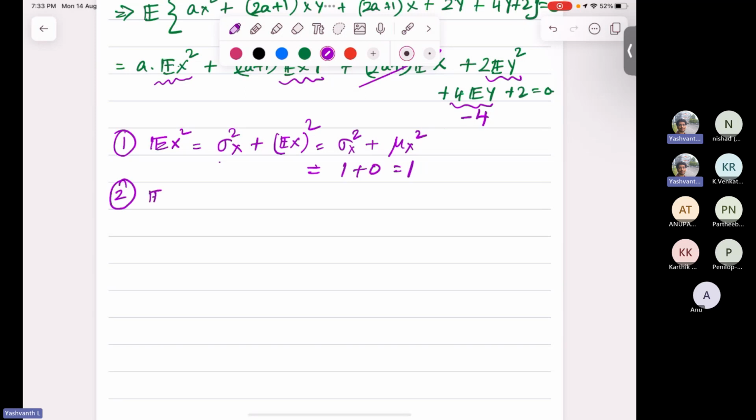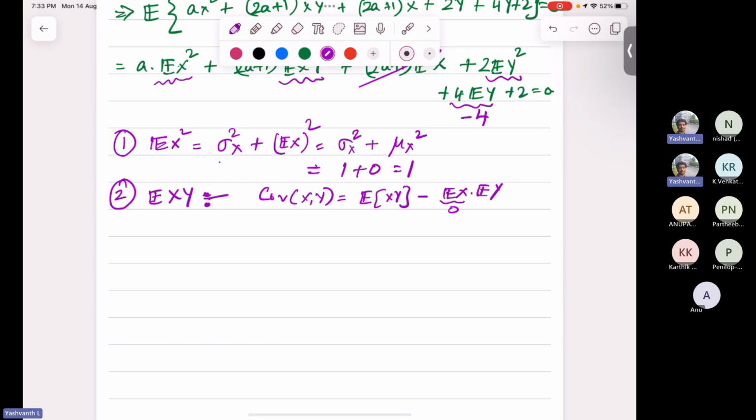The second quantity is expectation of xy. How to compute this? I know the covariance formula, which is expectation of xy minus expectation of x into expectation of y.